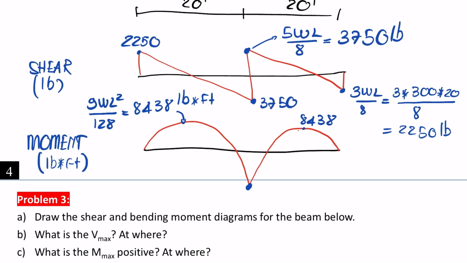So WL squared divided by 8 equals 15000 pound foot. Right?